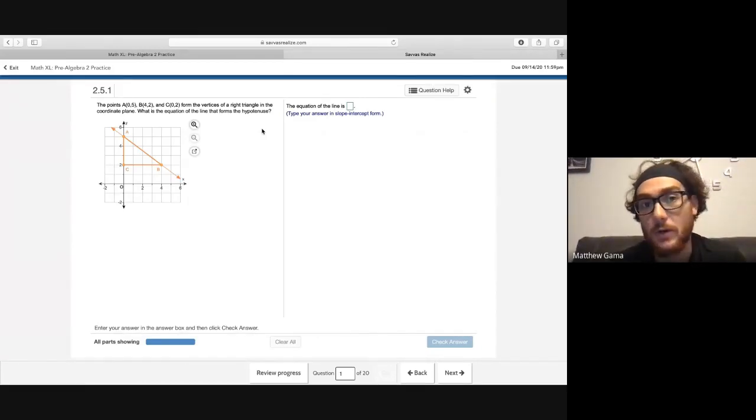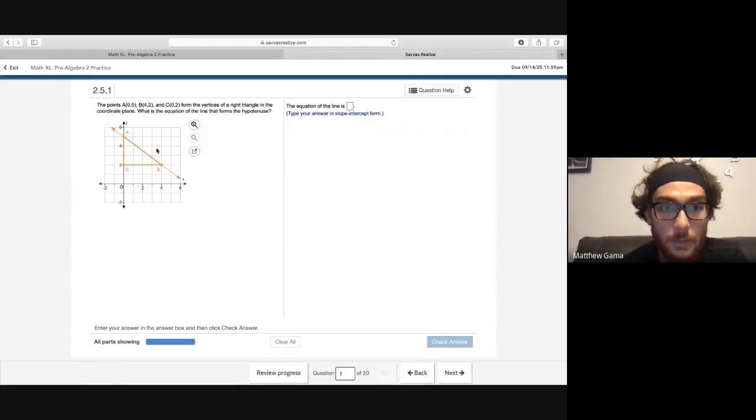This is going to be a review of some Algebra 1 topics that tie into our Algebra 2. It gives you the points that form the vertices of a right triangle. What is the equation of the line that forms the hypotenuse? So you need to figure out which is the hypotenuse in order to find out which equation you're trying to find.